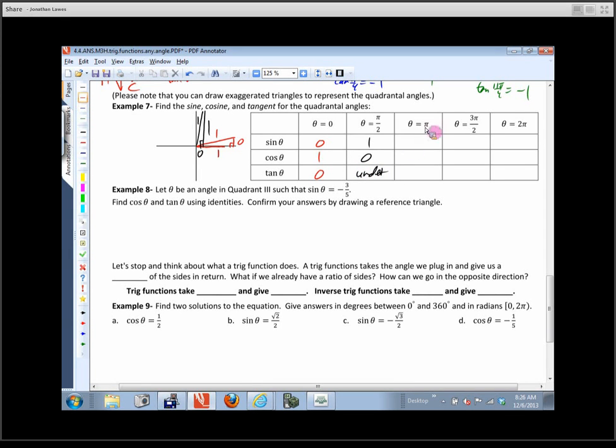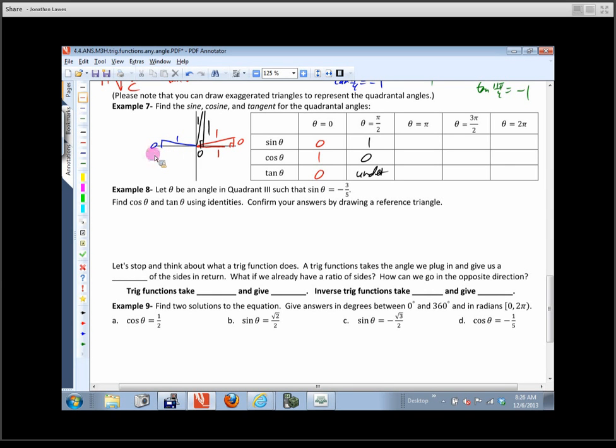Okay, next one. For pi, come over here. If that truly was an angle of pi, this would be 0, this would be 1, and this would be, don't say anything out loud, I'm going to label this side right here. There's the hypotenuse or the radius. Radius is always positive. It's 1 on the unit circle. If we went all the way over here to pi, this would be a non-existent side over here.